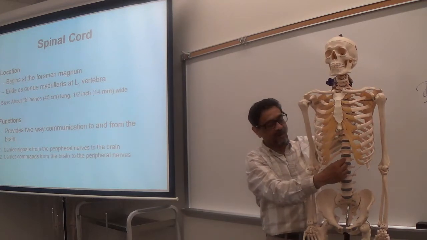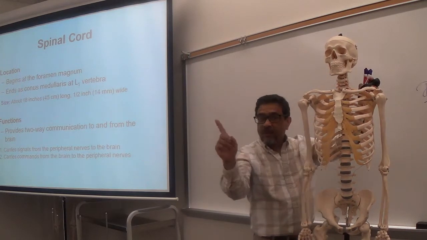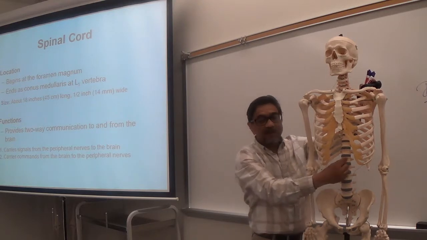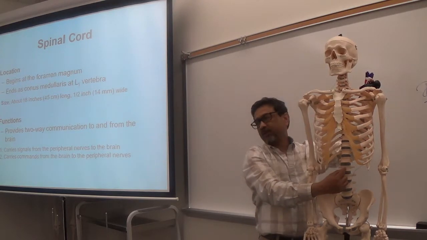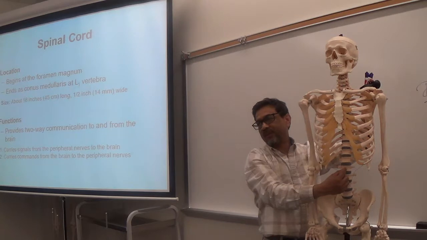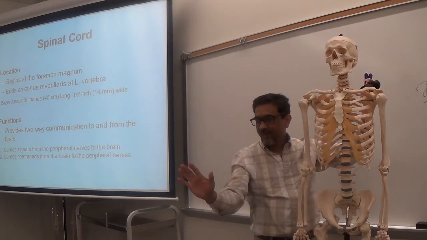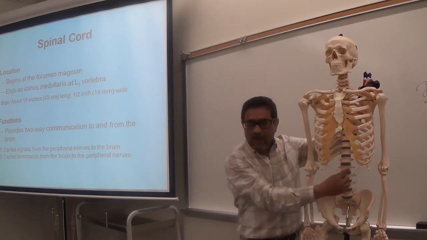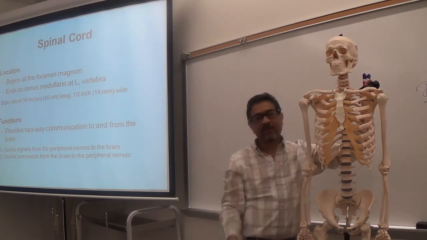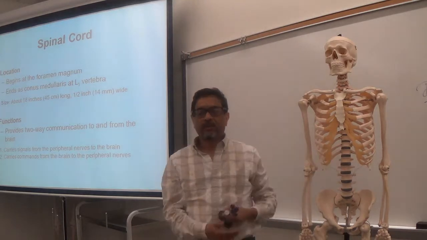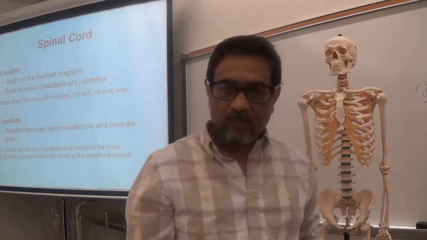So from foramen magnum to lumbar 1. Sometimes it goes down a little bit further and ends at lumbar 2. Make sense? So in most cases lumbar 1, but sometimes it can go down to the lumbar 2.